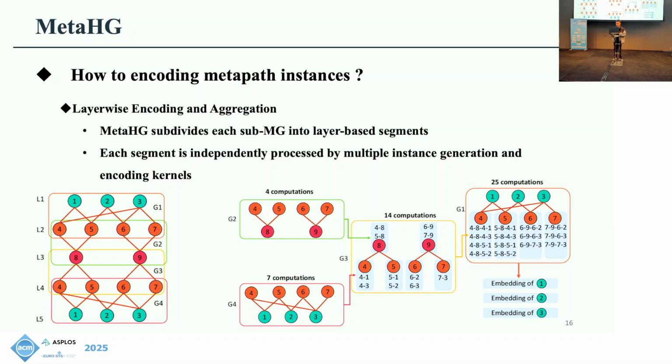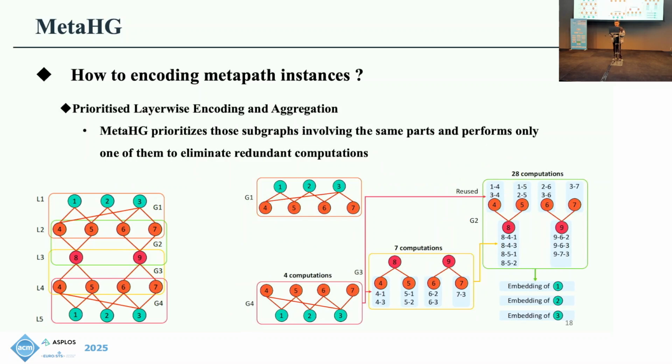Each segment is independently processed by multiple instance generation and encoding kernels. The figure shows an example of Metapath APCPA and its computational process. Such a Metapath graph contains 100 computations during encoding, but by the layer-wise encoding and aggregation, only 50 computations are needed.